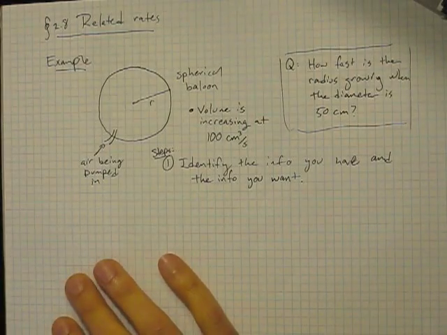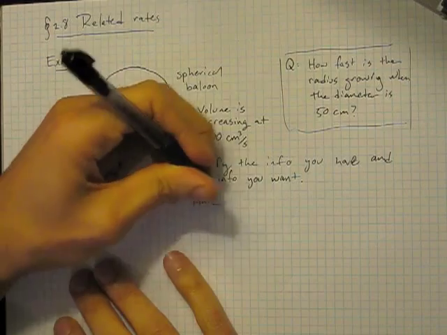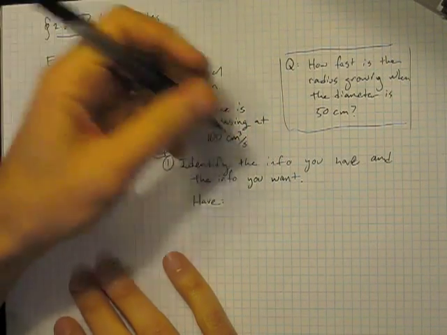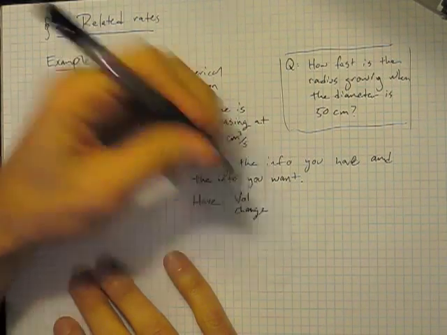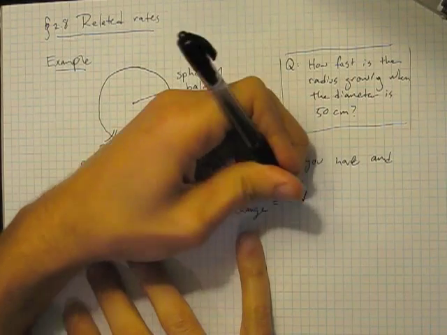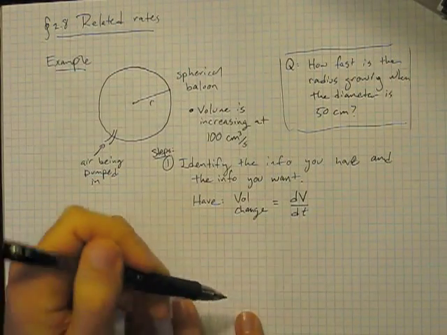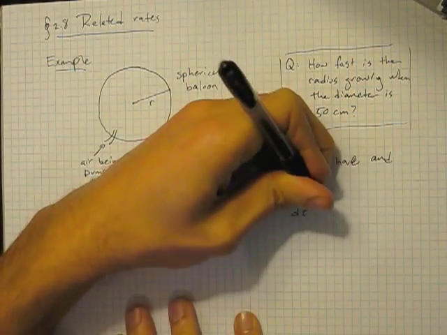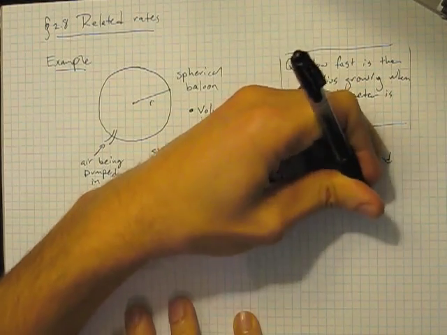The info that we have is the rate of change of the volume. Let's go ahead and write this. This is the rate of change of the volume with respect to time. This quantity is equal to 100 cubic centimeters per second.